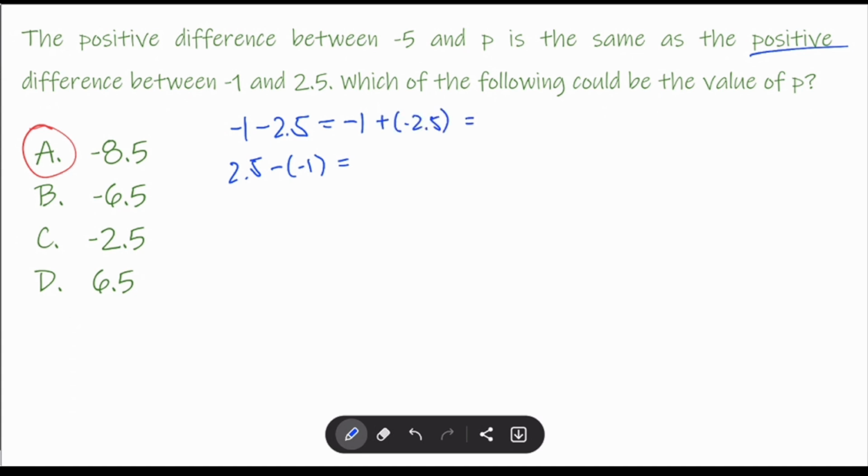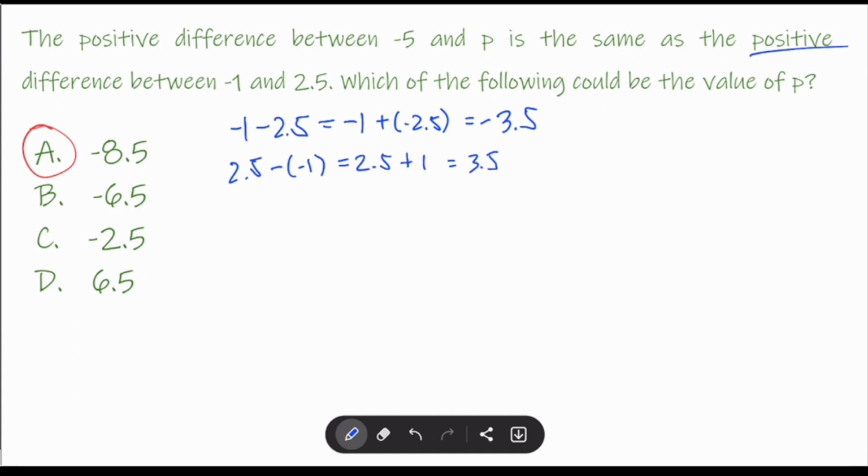If it's the same sign, you add the numbers and then copy the sign. So 1 plus 2.5 is 3.5, and then copy the negative sign. For 2.5 minus -1, it's 2.5 plus +1, which is 3.5.